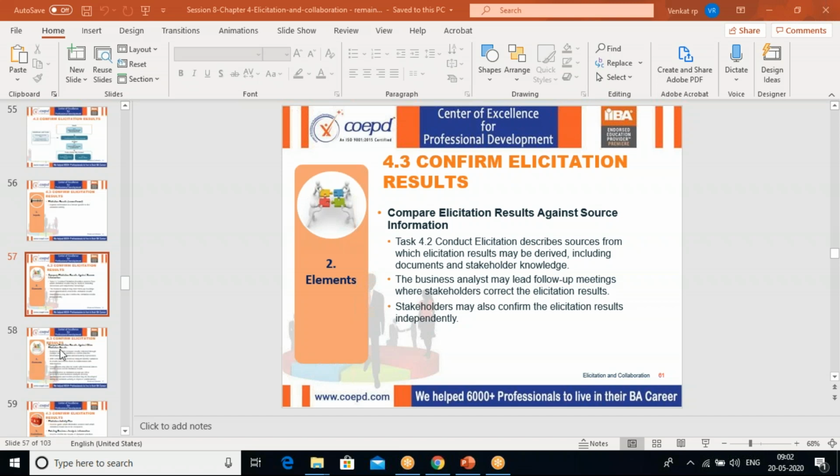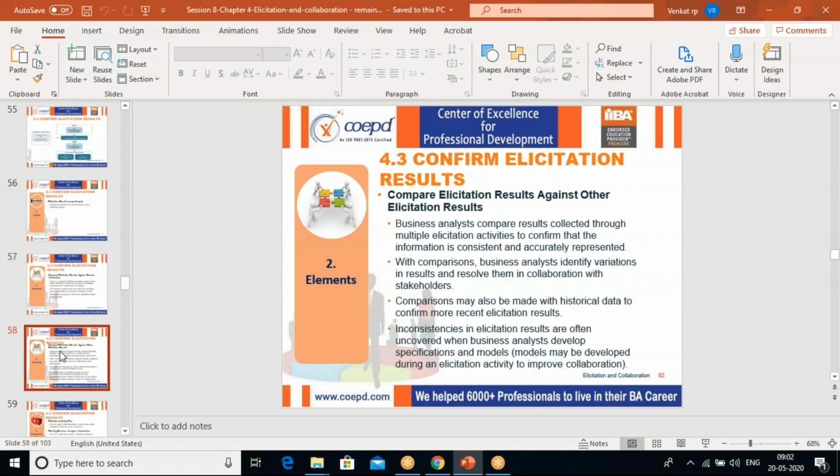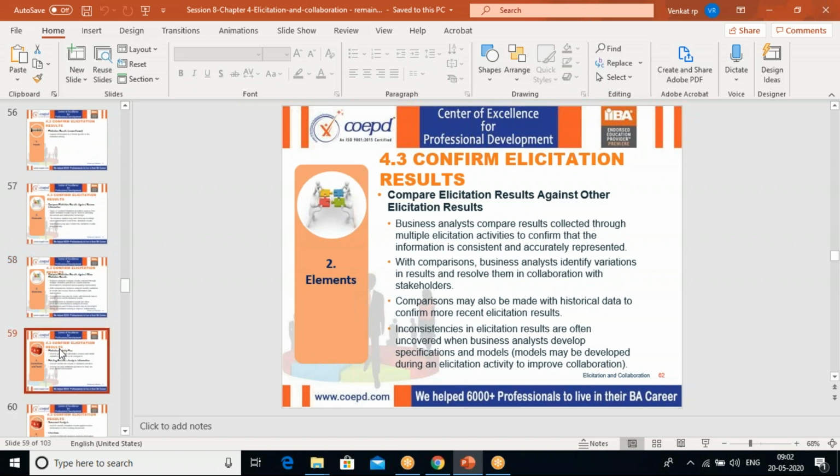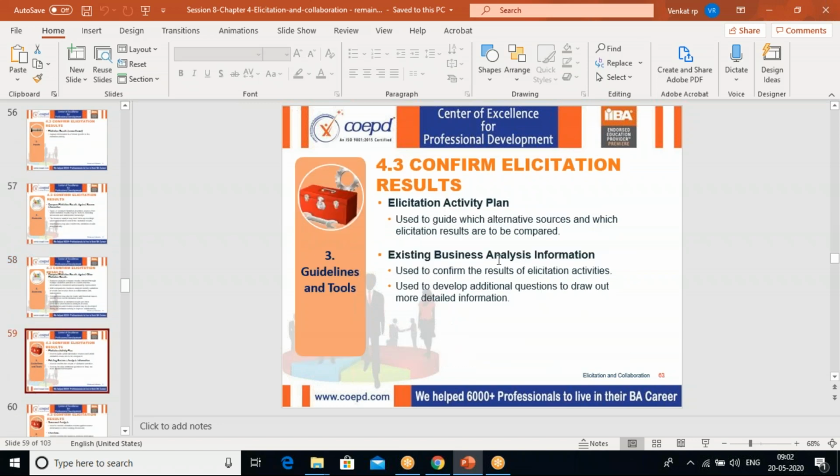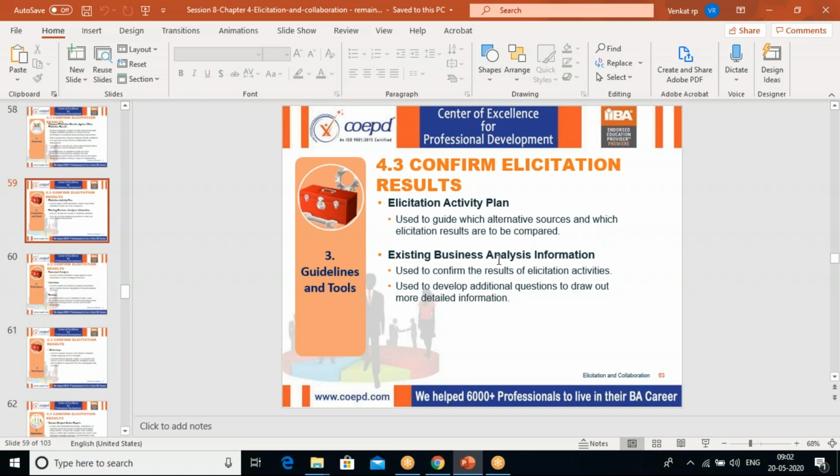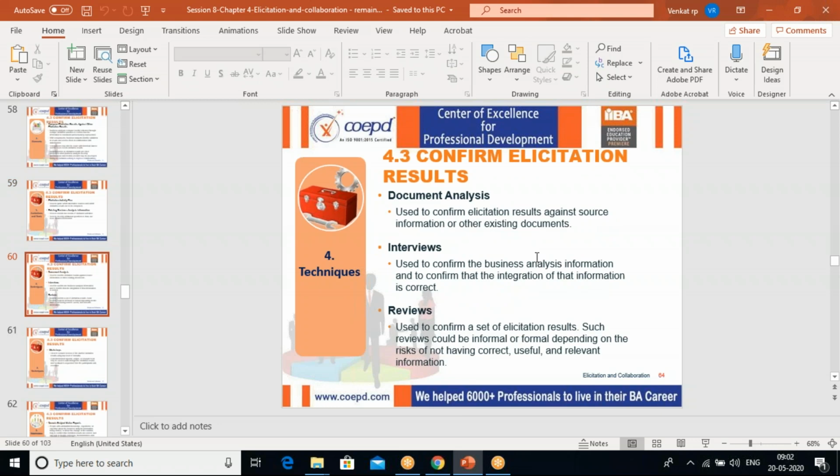Okay, fine. And then next we will be going with the guidelines. That is the elicitation plan, based on that only we'll be doing it, and the existing business analysis information can be the guidelines. And after that we have the techniques. Now, techniques for how to confirm it.